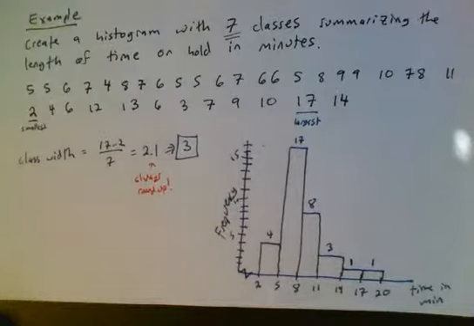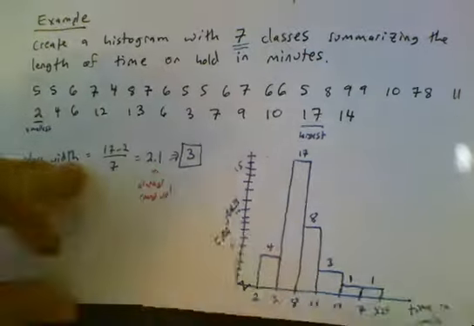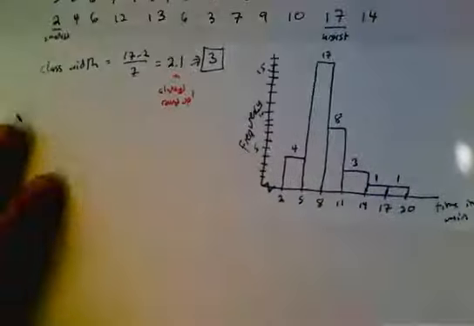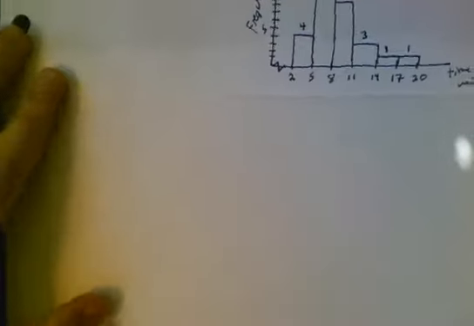Doesn't take too long. The one final piece that we're going to look at today is that there's also something called a relative frequency histogram. And that's really not that much more complicated than what we just did. I'll just keep this for reference as we do that next piece.